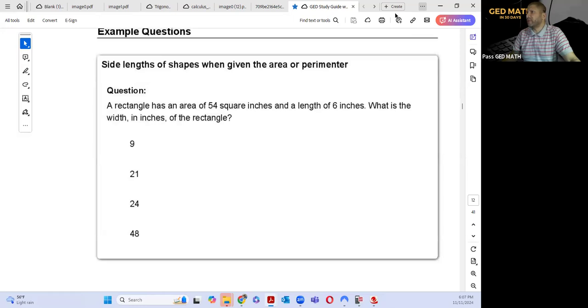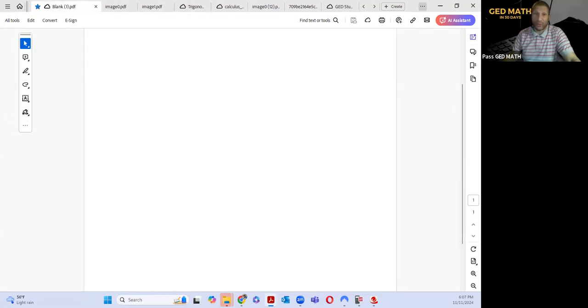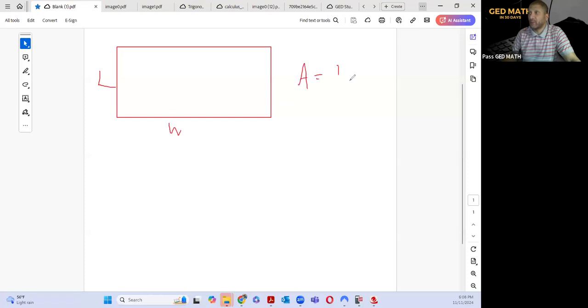But what you also have to understand is all of those are related. So let me show you what I'm talking about here. If I got a rectangle, in order to find the area of a rectangle, area equals length times width. Most people know that.